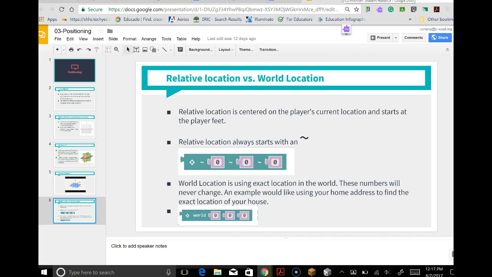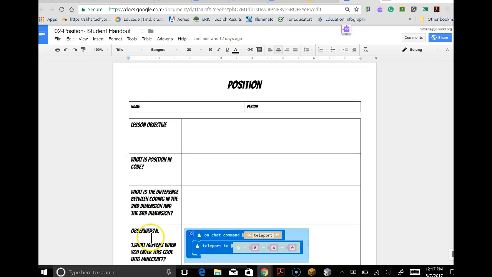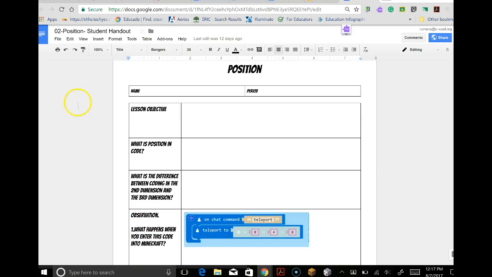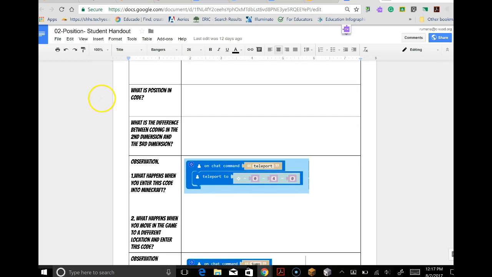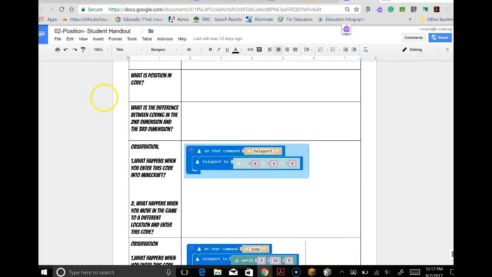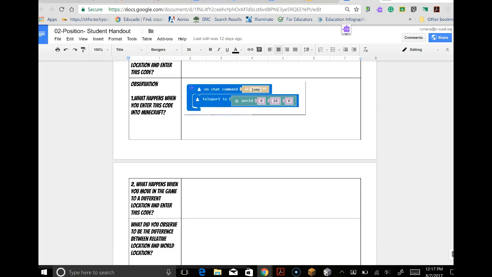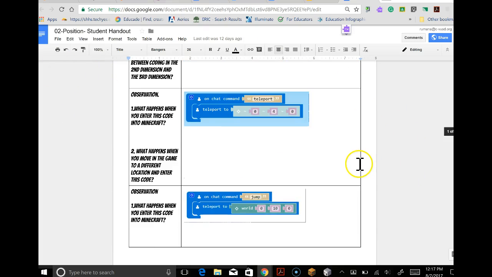In the student handout, I really talk about this as a lab experience for the students. So they're going to use this part to write down the lesson objective. What is position in code? What's the difference between 2D and a three-dimensional world? But most importantly, I want them to go into Minecraft and put these 2 codes in. It's really just to see what happens. So when they type in teleport and they put this exact code in there, what happens in the game?